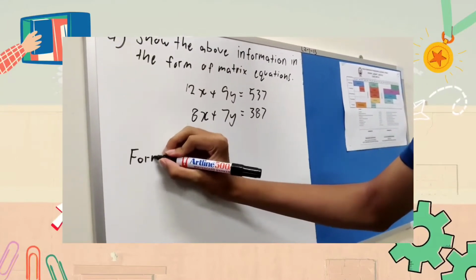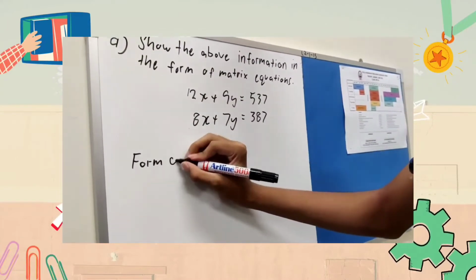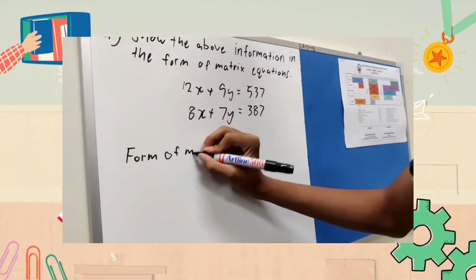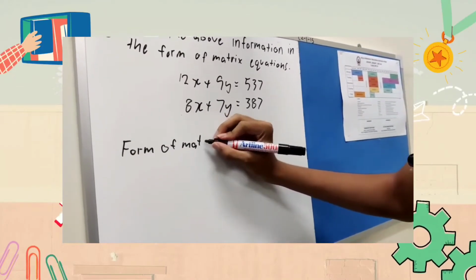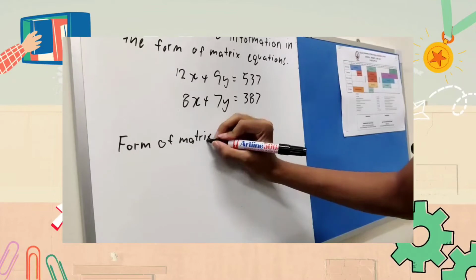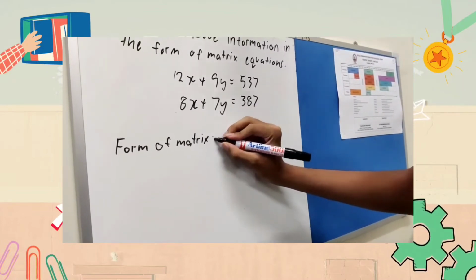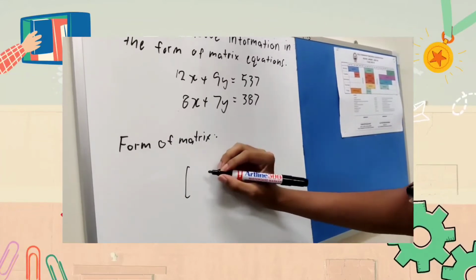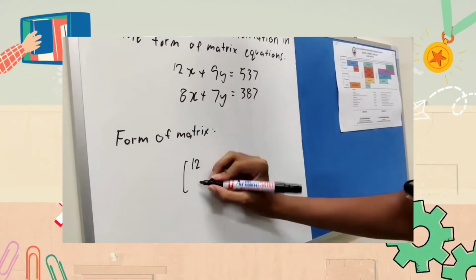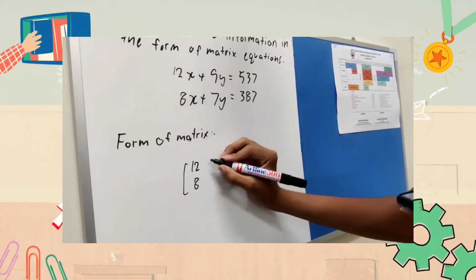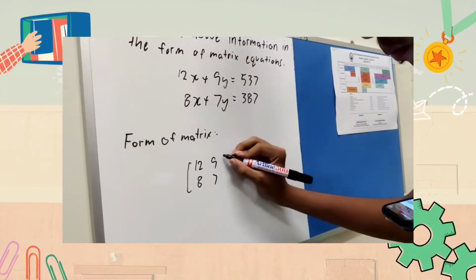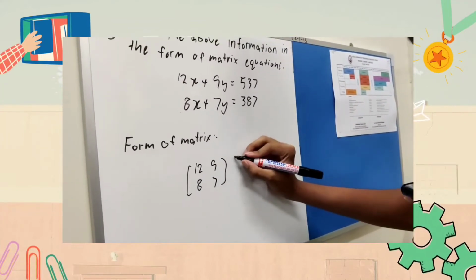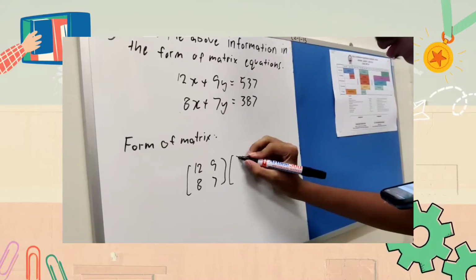Next, to make a matrix form, we need to open the bracket and put the numbers 12, 8, 9, 7. We have finished, so close the bracket.